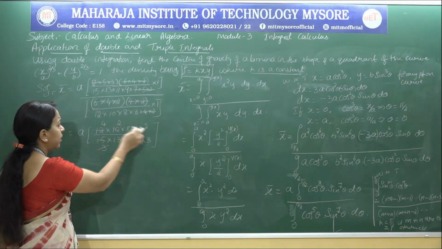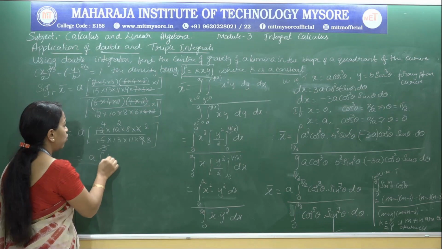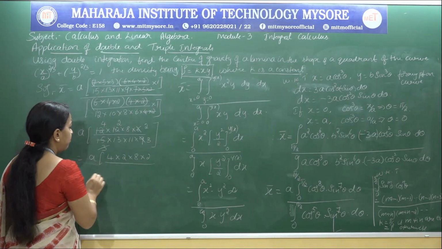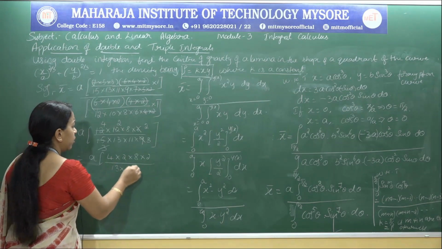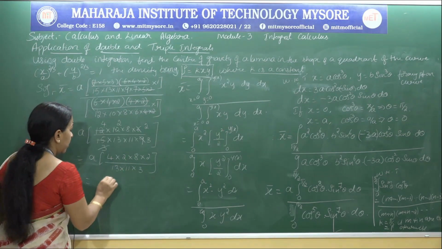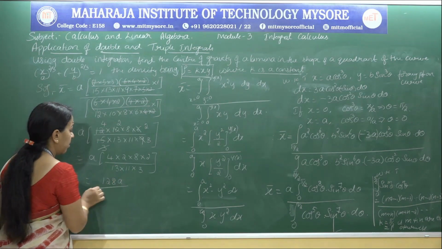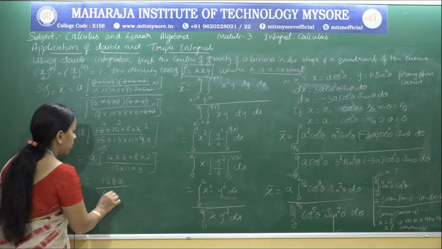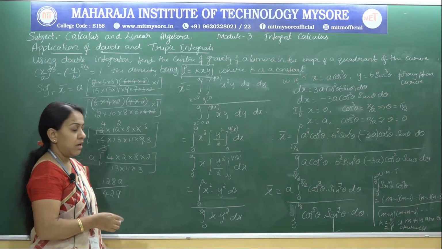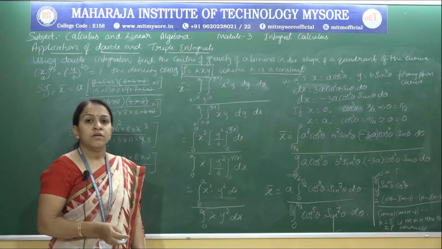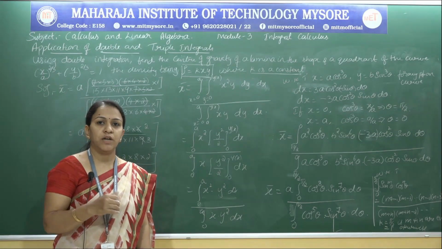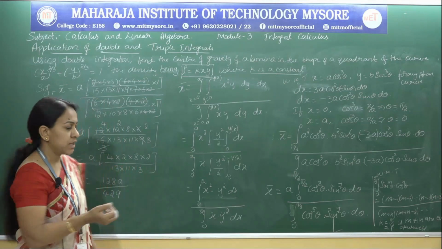So if I simplify the remaining values, that is a into 4 into 2 into 8 into 2 divided by 13 into 11 into 3, we have 128 times a by 429, that is our x bar. Similarly, I can obtain y bar because the curve is symmetric about both x and y axis.